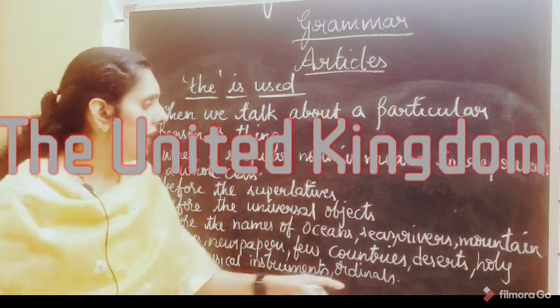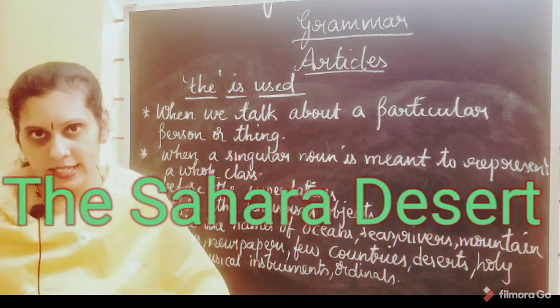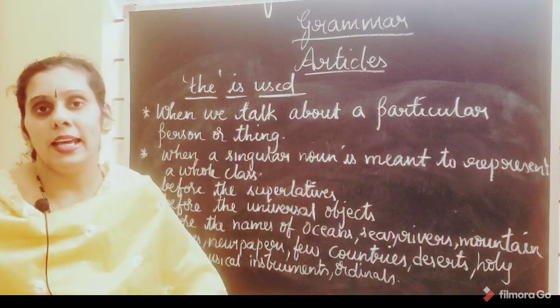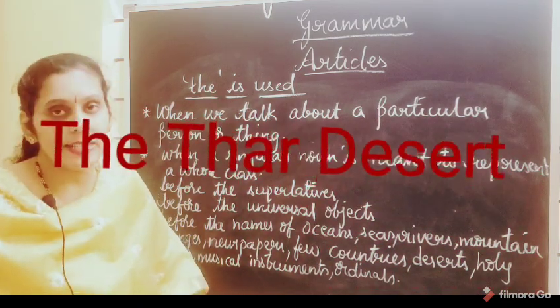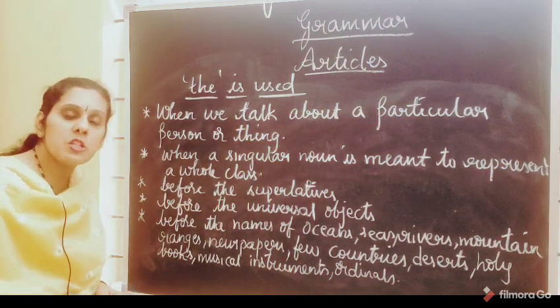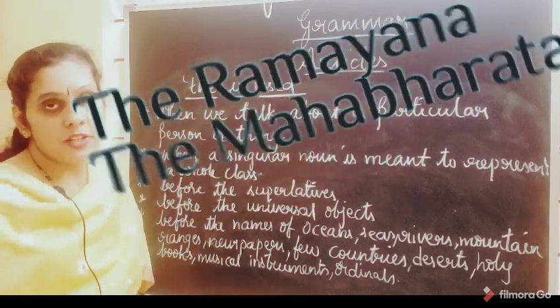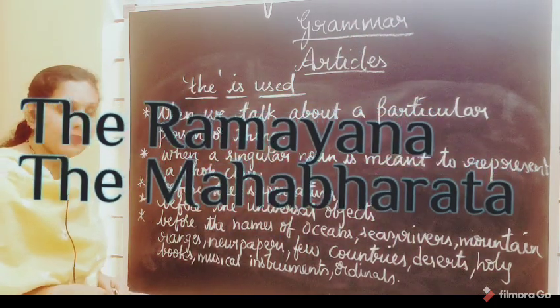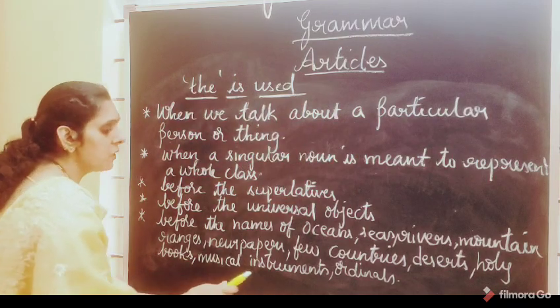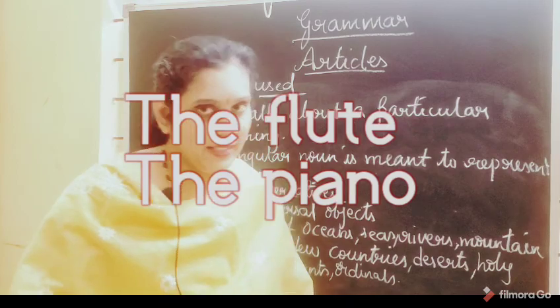Next, before deserts, like the Sahara Desert, the Thar Desert. Next, before holy books: the Quran, the Bible, the Ramayana, the Mahabharata. Next, before musical instruments, like the flute, the piano.